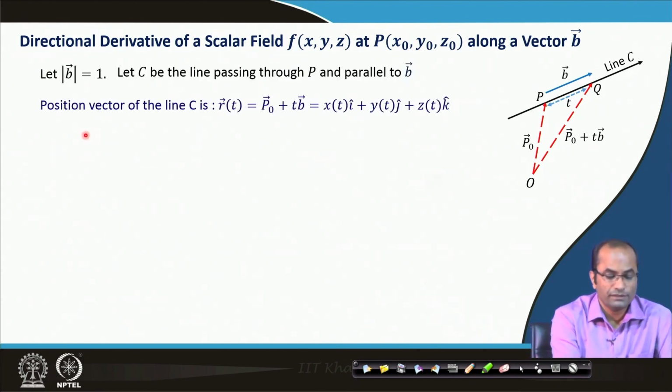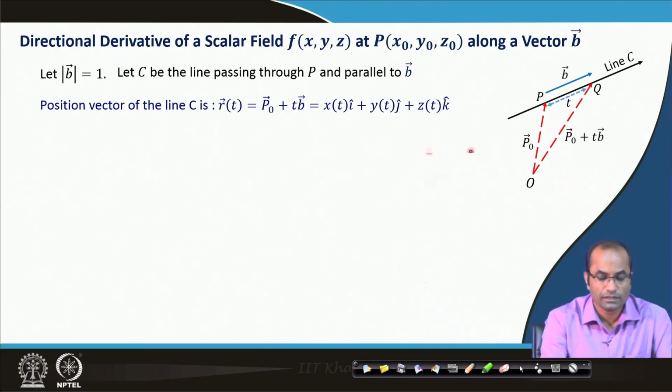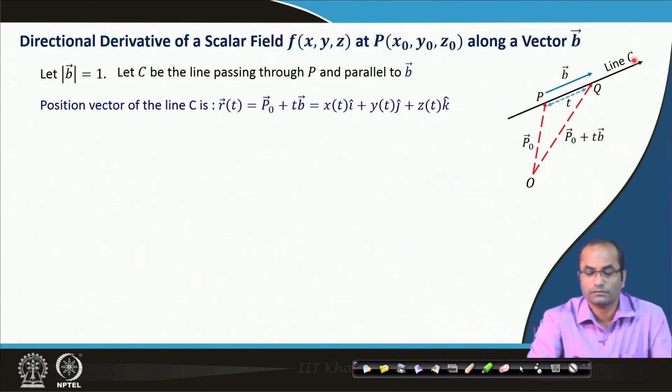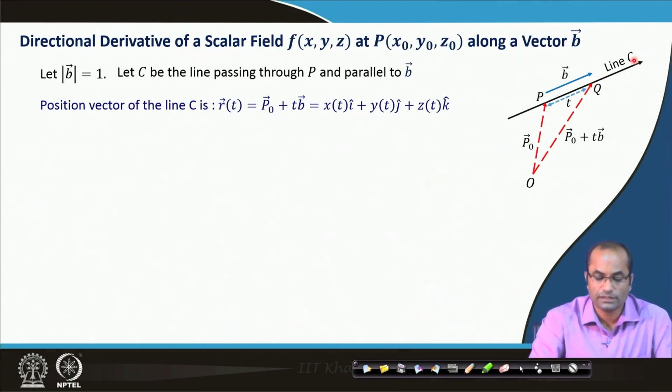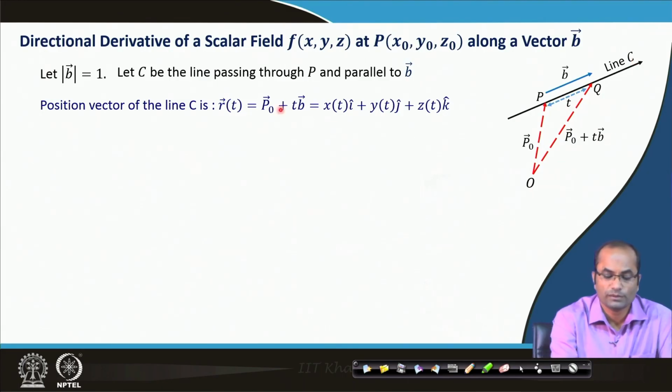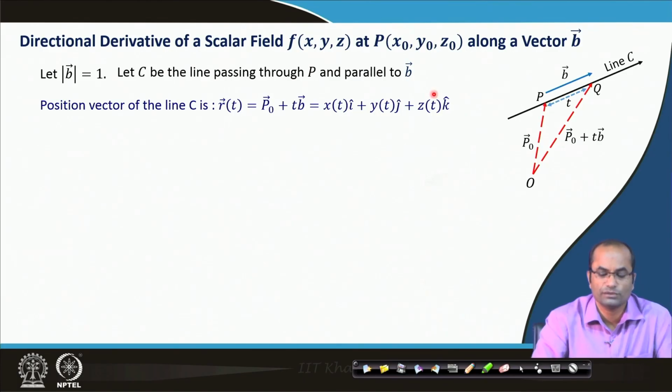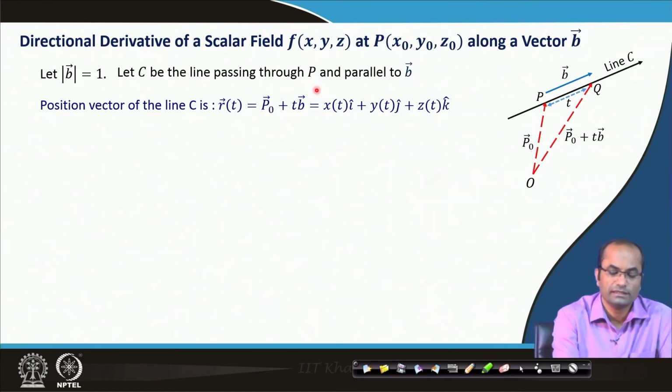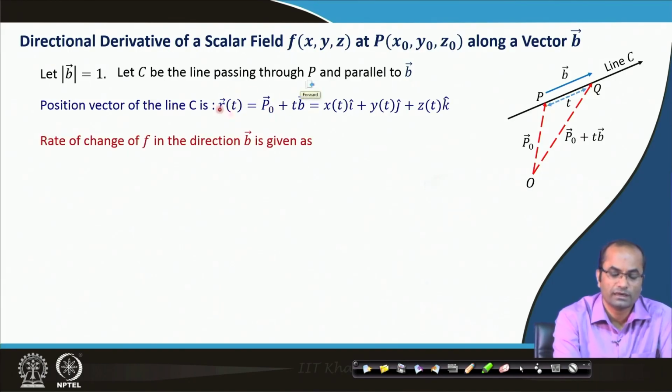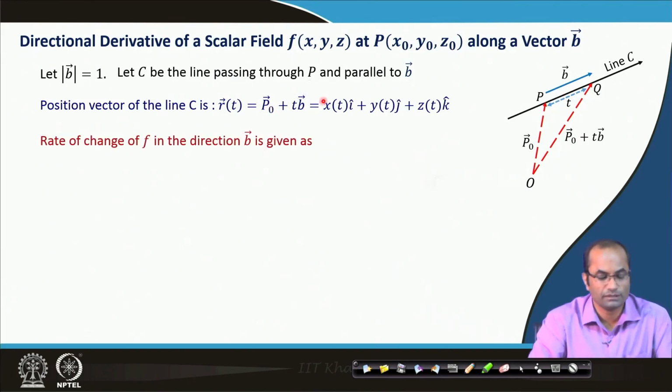If we consider the position vector on this line C, it will be given by p₀ + tb, or we can define it by the general functions x(t), y(t) and z(t), but since b and p₀ are given, r(t) will be given by p₀ + tb.